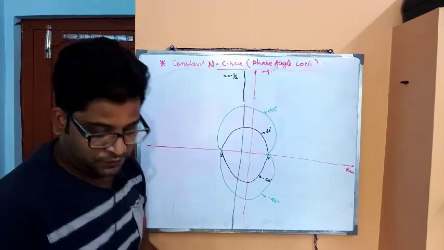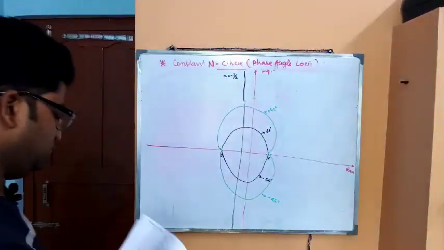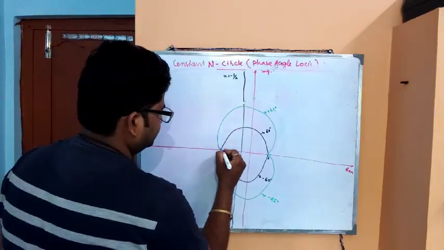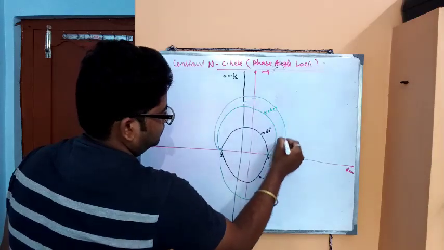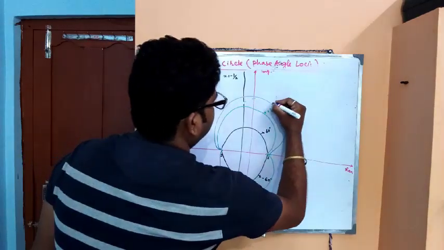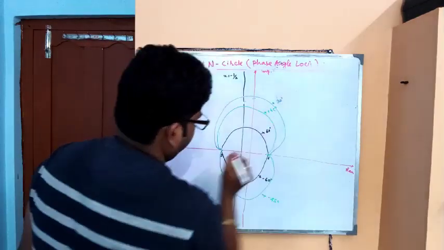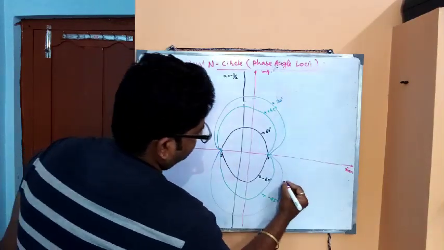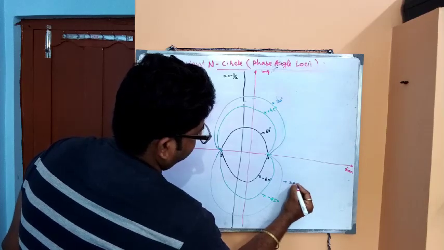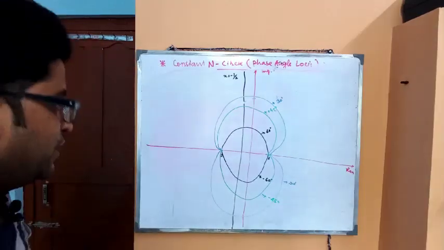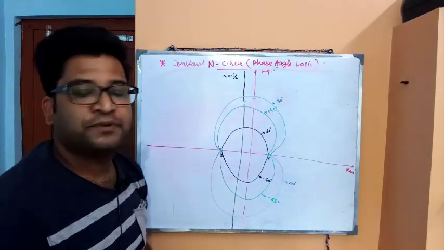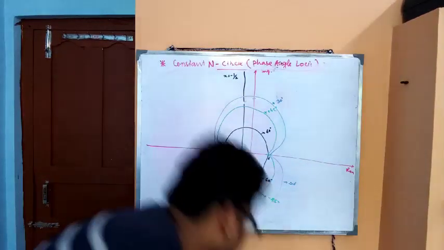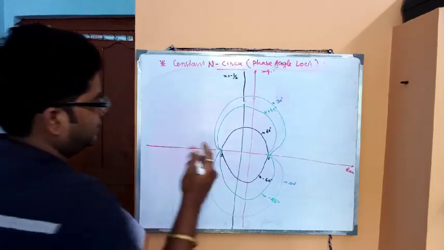Similarly for 30 degree, this will be for plus 30 degree, and this will be for minus 30 degree. Now the remaining ones, that is plus 15 degree and minus 15 degree.